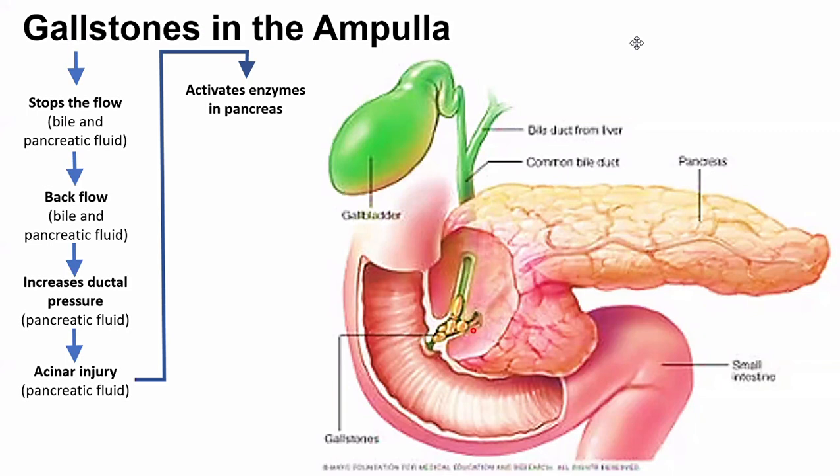Pag may obstruction, the injury of the acinar cells can release proteins and it can activate the enzymes. And once it activates the enzymes, what will happen? The enzymes can digest the pancreas.